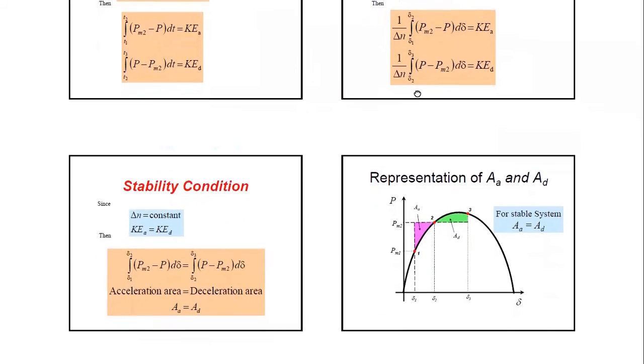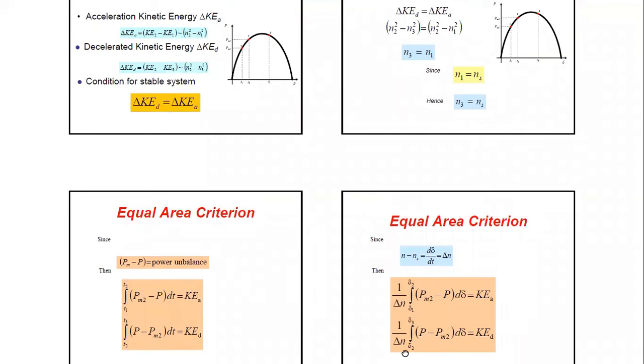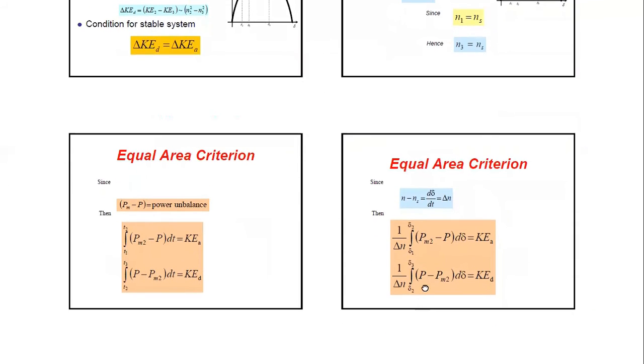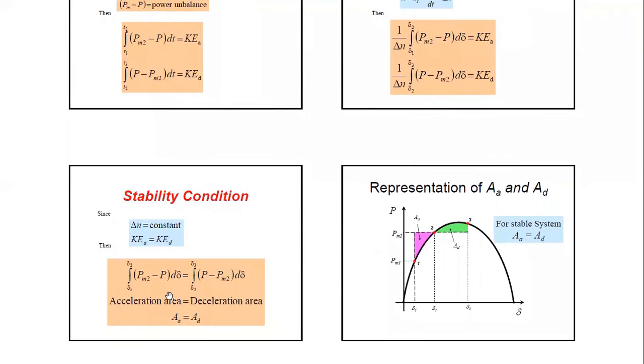For the stability, as we have already seen, the acceleration kinetic energy has to be equal to the deaccelerated kinetic energy. Therefore, we will have an equation like this: accelerated kinetic energy is equal to deaccelerated kinetic energy. If you solve this, we get the acceleration area is equal to the deacceleration area, that is AA is equal to AD.